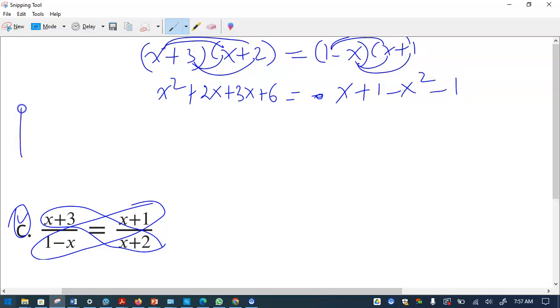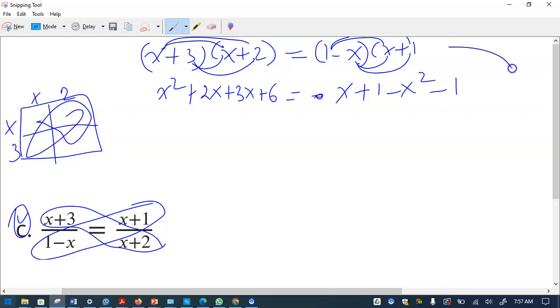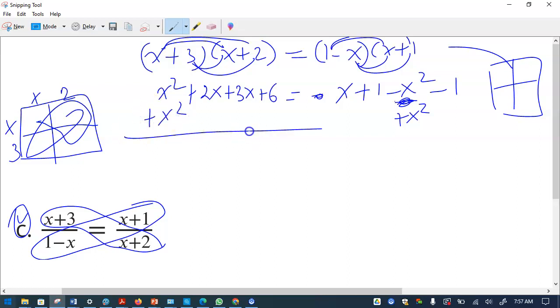Or if you get confused, you do the box method: you put x and 3, and x and 2 here, and you work it out and you get the answer. Now there's x squared here, and minus x squared here, so I'll get everything on the left side. So add x squared, and at the same time you combine the numbers.